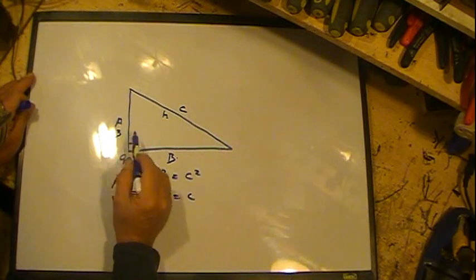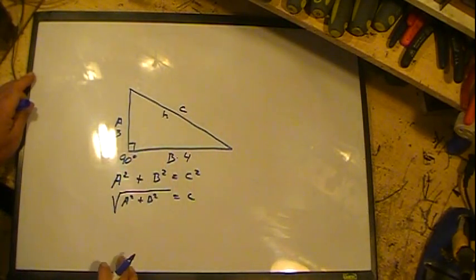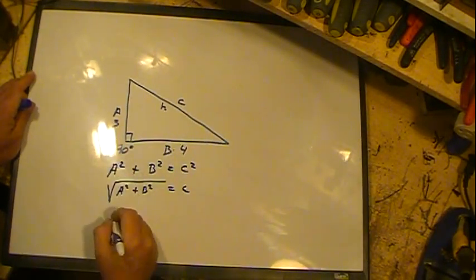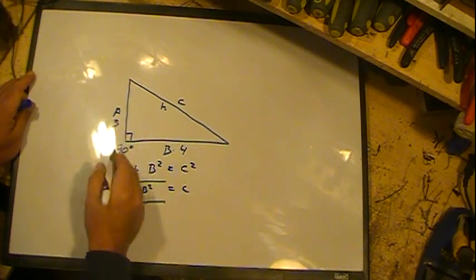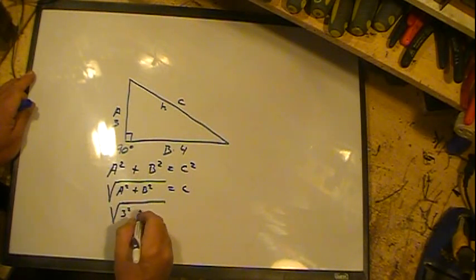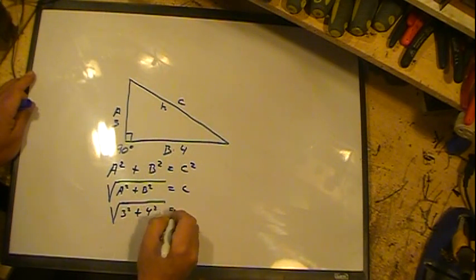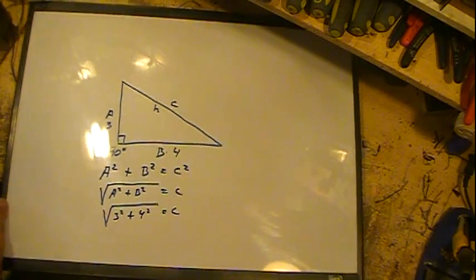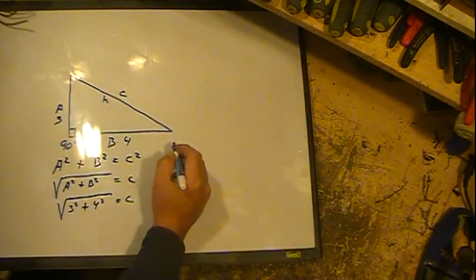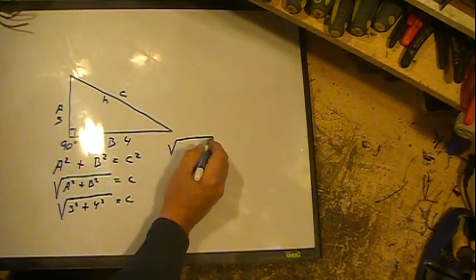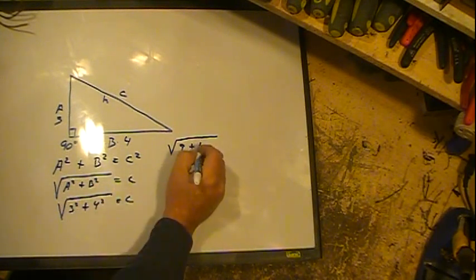If I give A 3 units and I give B 4 units, then I can find C. So if I take the square root, A is 3, so A squared is 3 squared, plus B, which is 4, is 4 squared, and that equals my C. Continuing with that, 3 squared is 9, 4 squared is 16.